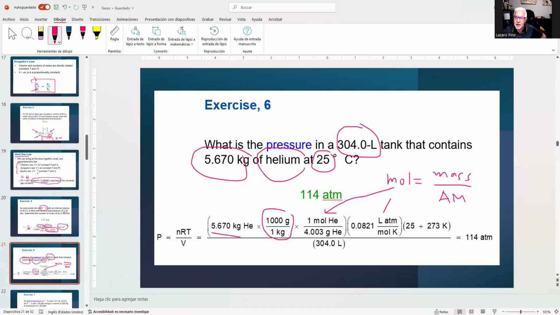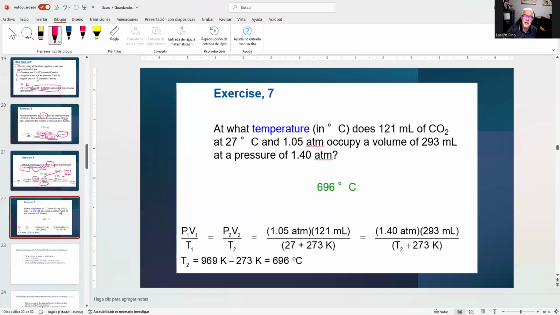Then you have here the R constant, and here you have the temperature that is converted into Kelvin using this formula, and then you divide everything by the volume in liters. Your answer is that the pressure of this amount of gas is 114 atmosphere.